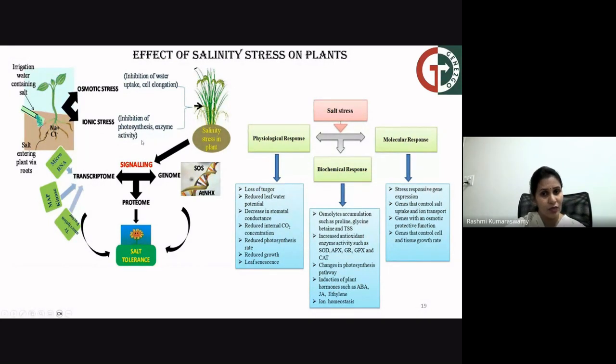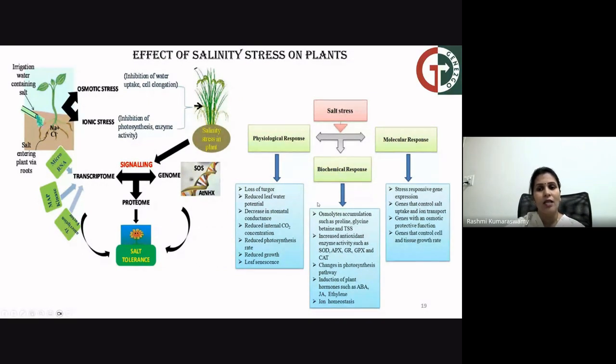Under this stressful condition, signaling cascades will be opened in the plant to regulate the response to the salt stress condition, that is through the SOS pathway. So this SOS pathway will regulate the plant to maintain or overcome the salinity stress condition.